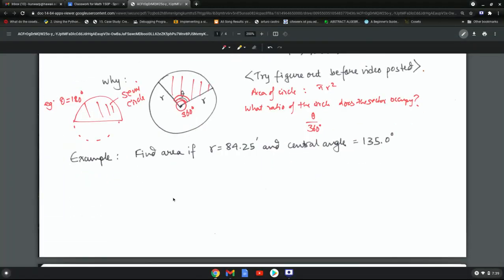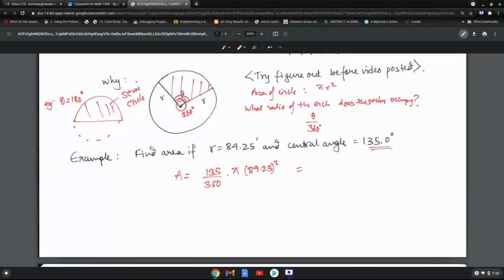For example, find the area if the radius is given to be 84.25 feet and the central angle is 135 degrees. So just make sure this is in degrees and you go 135 divided by 360 times pi times 84.25 squared on your calculator.